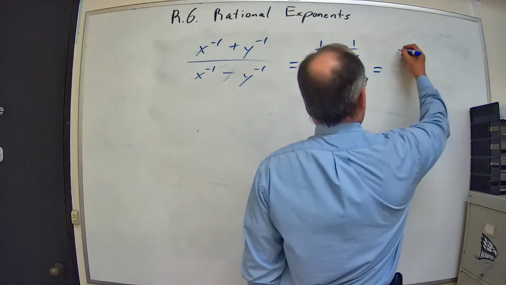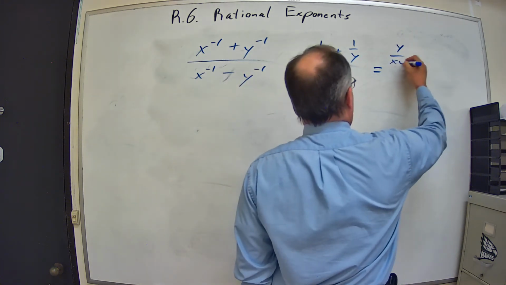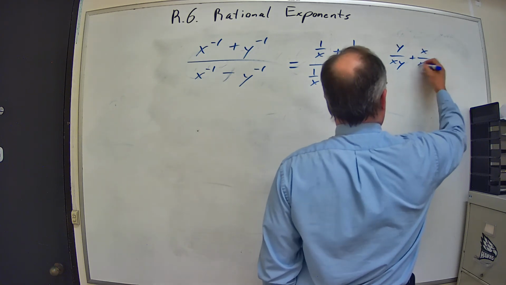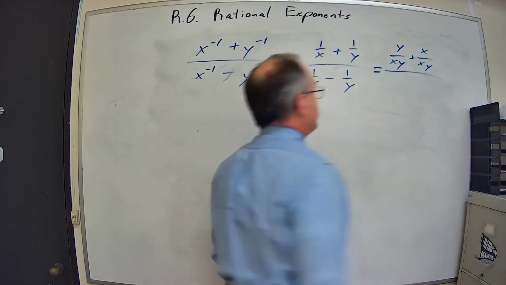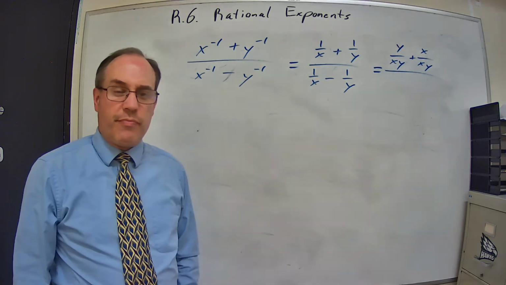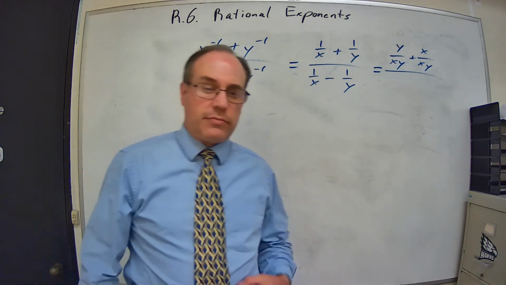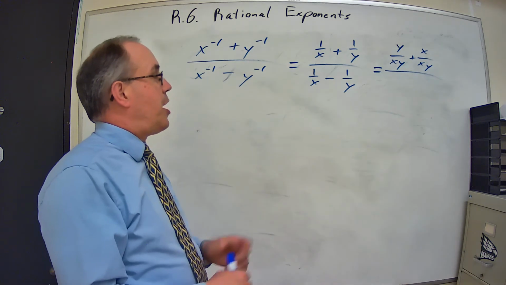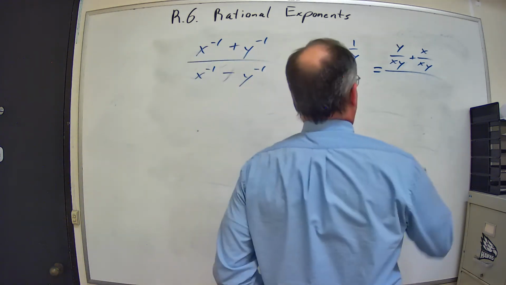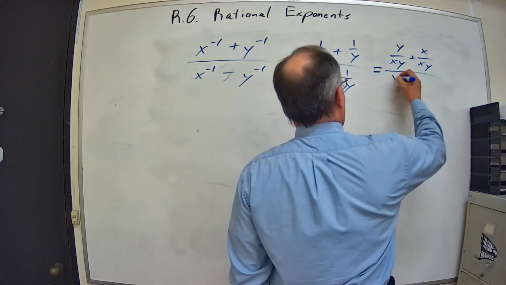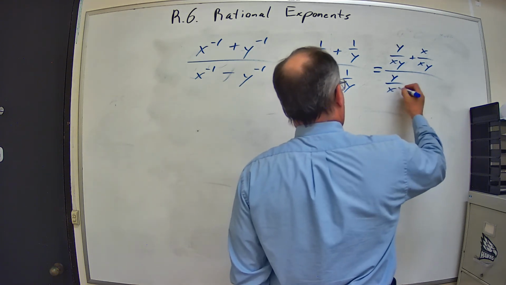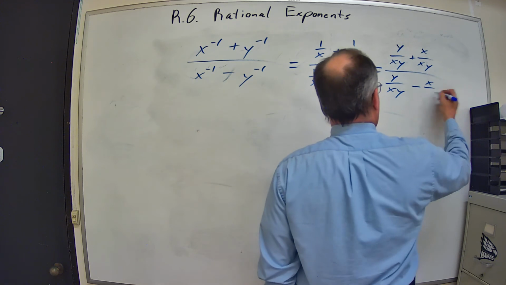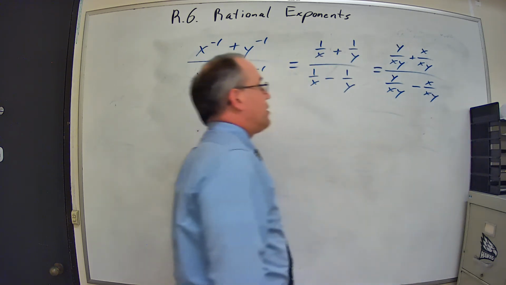So we have y over xy plus x over xy on the top. What do we do on the bottom? We can do the same thing on the bottom, and we get y over xy minus x over xy.